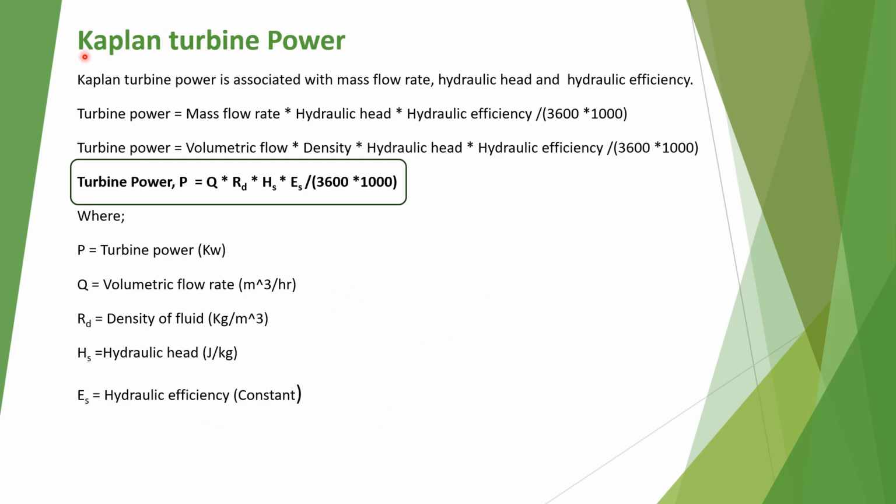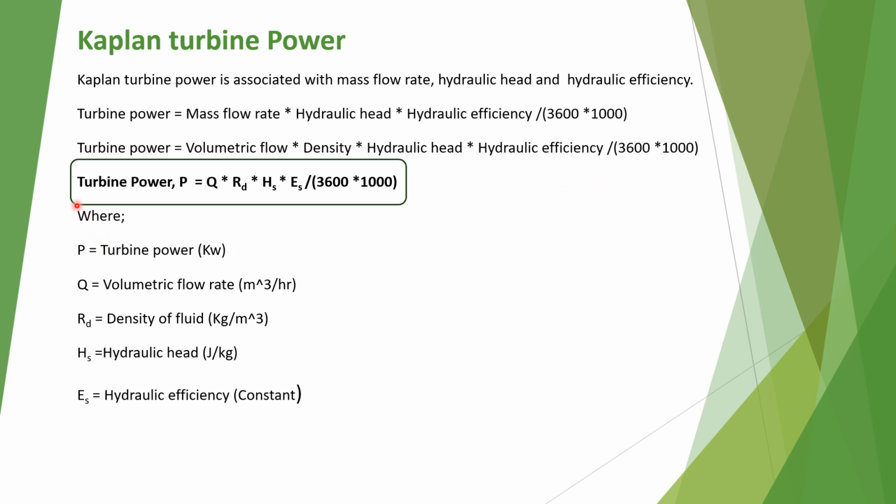Now the Kaplan turbine power is associated with mass flow rate, hydraulic head and hydraulic efficiency. Turbine power is mass flow rate into hydraulic head into hydraulic efficiency upon 3600 into 1000. Further we can write it in another way: volumetric flow rate into density into hydraulic head into hydraulic efficiency upon 3600 into 1000.